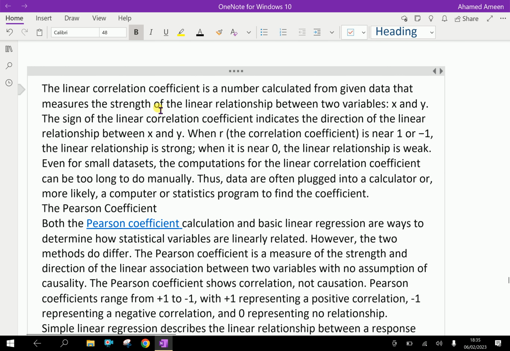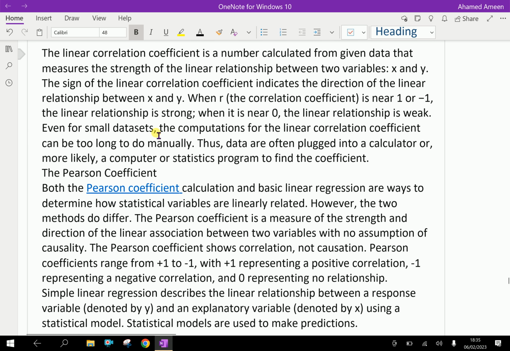The linear correlation coefficient is a number calculated from given data that measures the strength of the linear relationship between two variables x and y. That means how strongly the variables x and y are linearly connected, and it is indicated by the linear correlation coefficient.